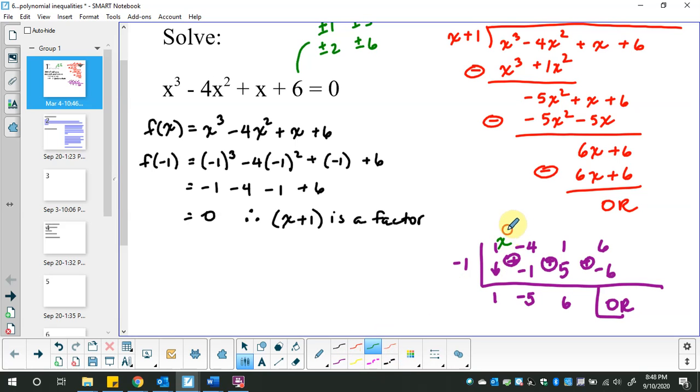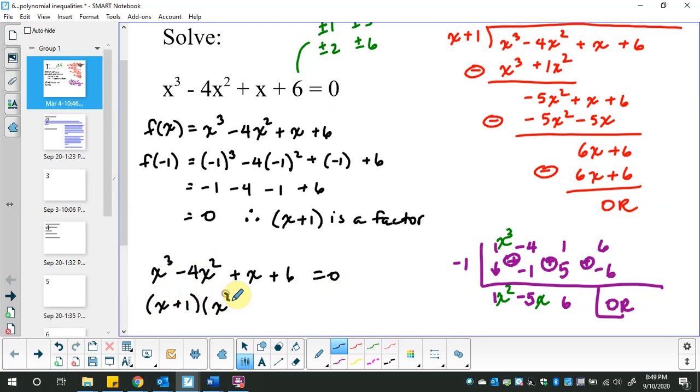This was an x cubed. That makes this 1 degree less, so an x squared, this 1 degree less, this 1 degree less. So my division statement, sorta division statement, is x cubed minus 4x squared plus x plus 6 equals 0 will change to x plus 1 multiplied by x squared minus 5x plus 6 equals 0.